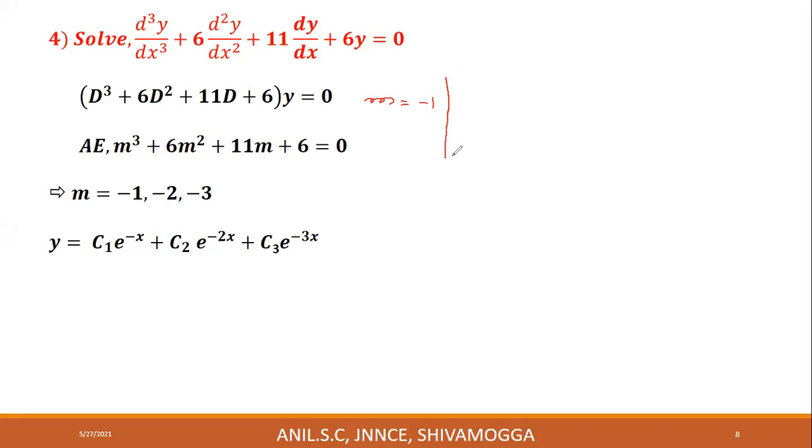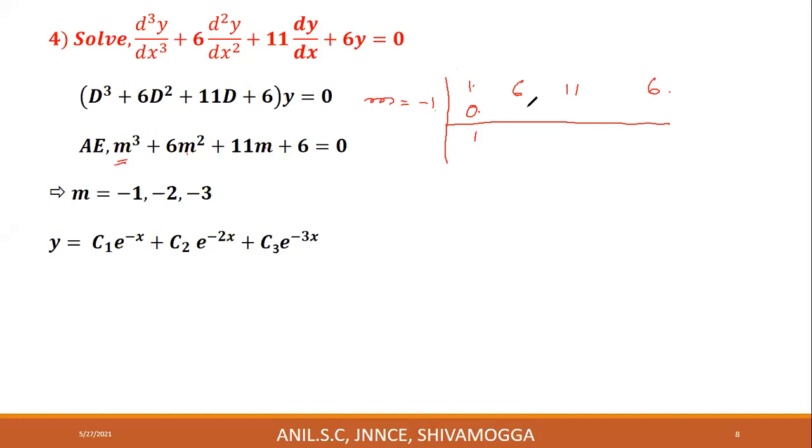Now let's reduce this cubic equation into a quadratic equation. First you write the m cube coefficient, that is 1. Next the m square coefficient, 6. Next the m coefficient, 11. Next 6. In the first position always 0. Add these two. 1 plus 0 is 1.